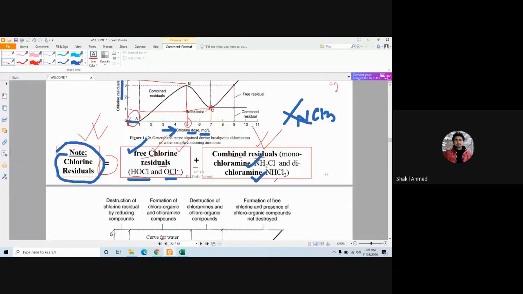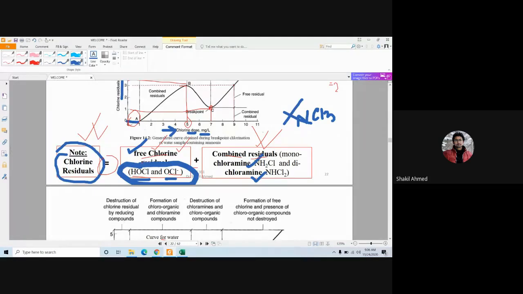But the problem is, although they are good disinfectants, HOCl and hypochlorite ion in water are highly reactive. They escape very quickly, react with other things and dissipate quickly. Therefore, they are not stable.